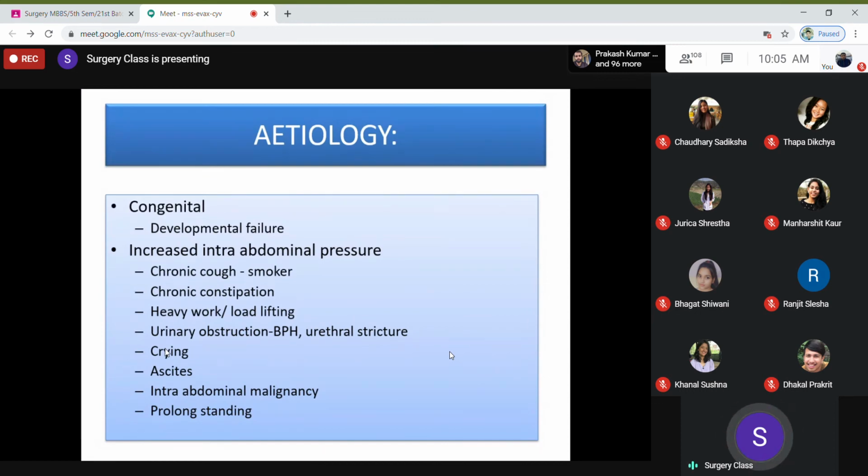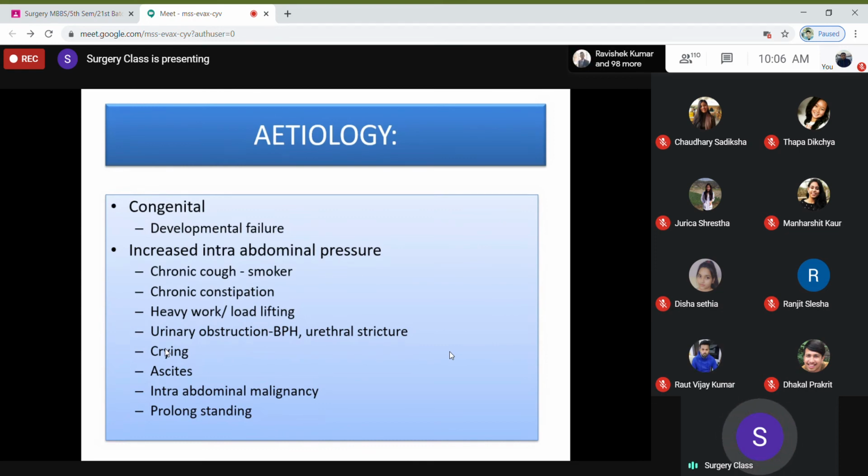So if intra-abdominal pressure increases, especially in chronic cough, smokers, old age or COPD patients, in their cough there is a sudden increase of intra-abdominal pressure. Constipation: when you go to the toilet and strain to pass the stool, all that pressure increases to push the stool down from the colon, so the intra-abdominal pressure increases. If you lift heavy weights, the intra-abdominal pressure also rises.